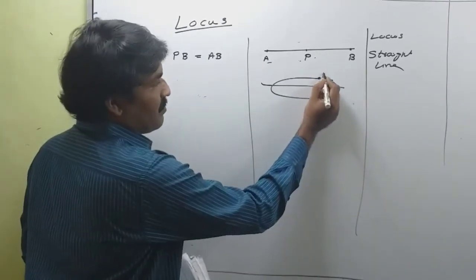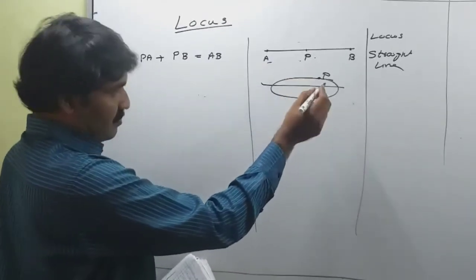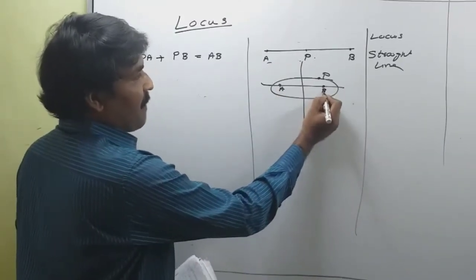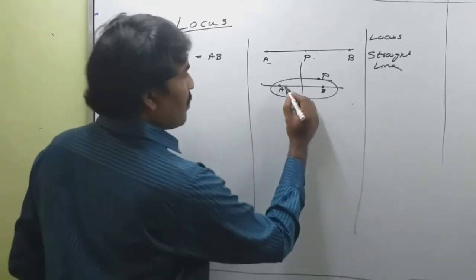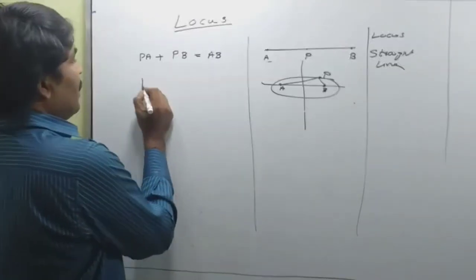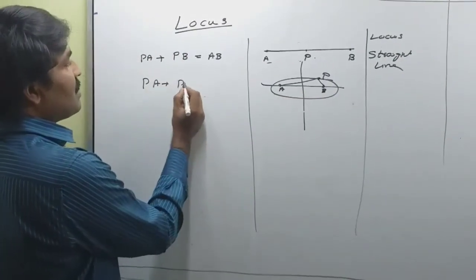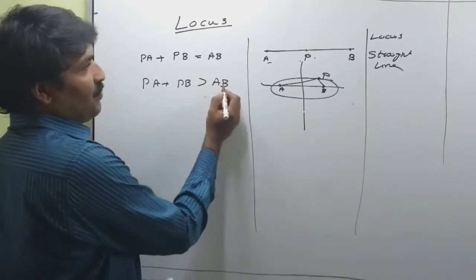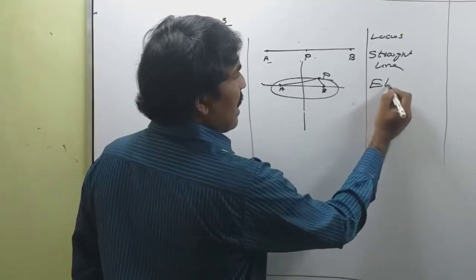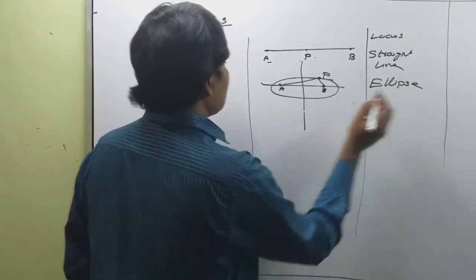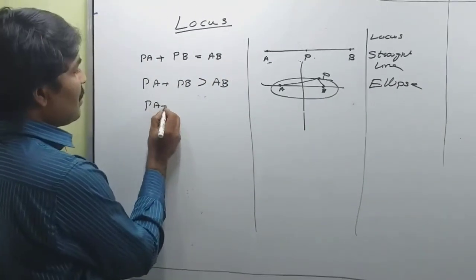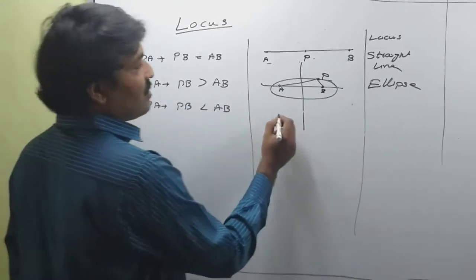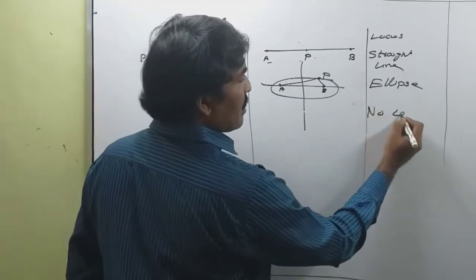If PA plus PB is greater than AB, this means locus is an ellipse. If PA plus PB is less than AB, this implies no locus.